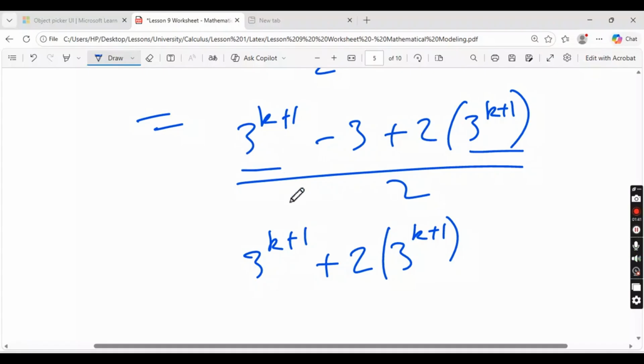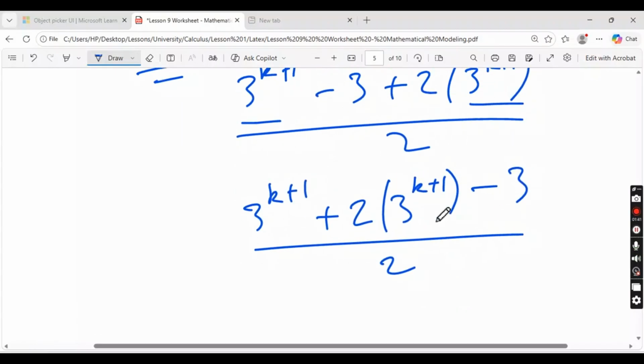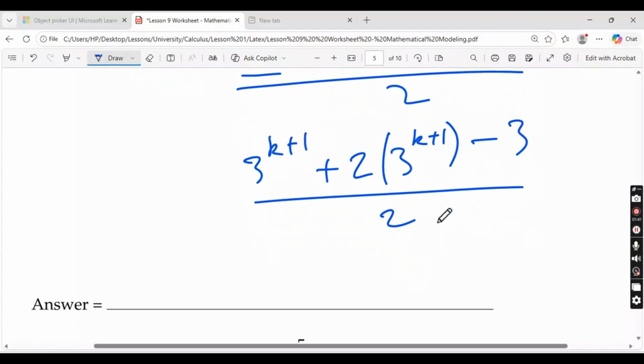Minus 3, as minus 3 over 2. So what do we get? That. This. Now we've proved the right hand side.